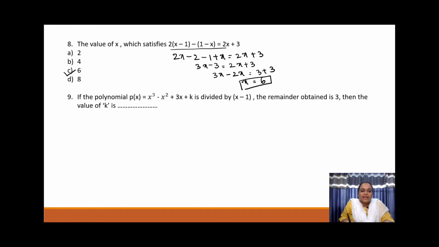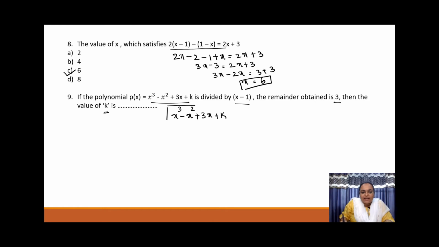The next one is if the polynomial p of x is divided by x minus 1, the remainder obtained is 3, then find the value of k. So what is the p of x? That is x cube minus x square plus 3x plus k.